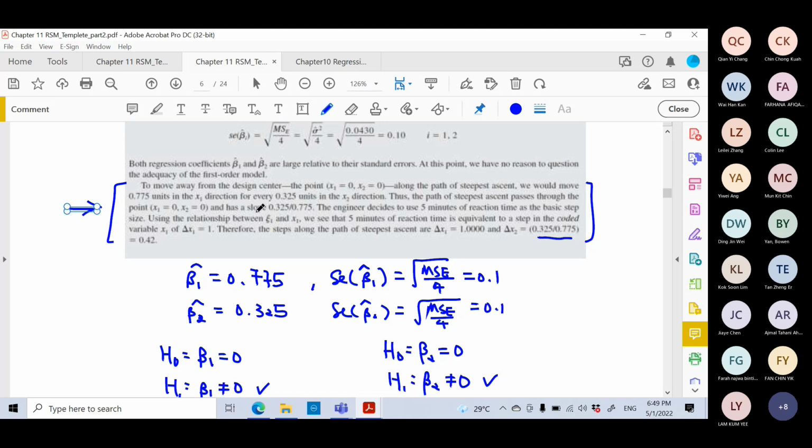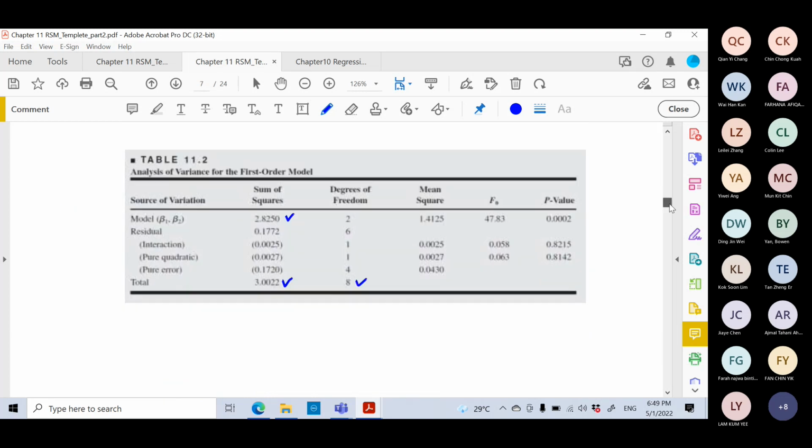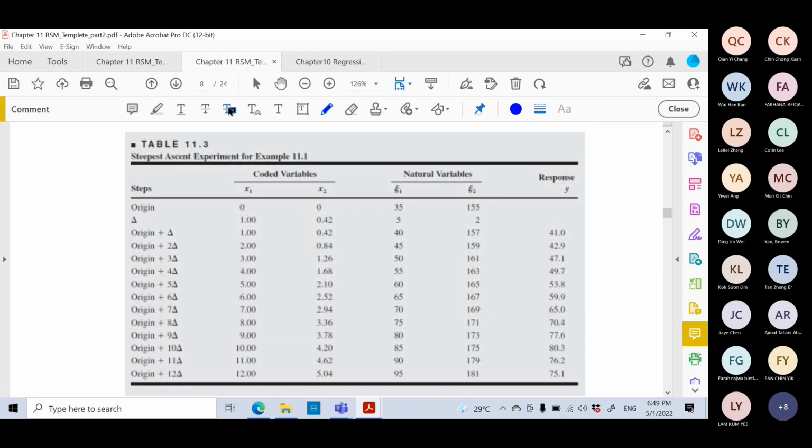Let me explain this from the table here. So how do we go along the path of the direction? First, you start with the origin, which is 0 and 0 here. The coded variables are 0 and 0, but if you refer to the natural variables, that is 35 and 155.